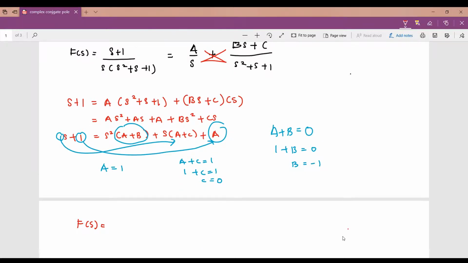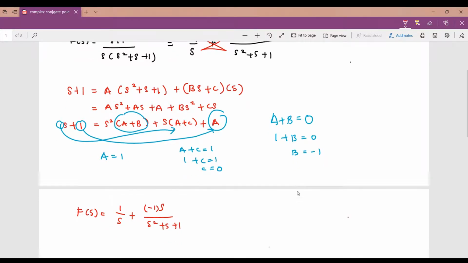Okay, from the values of A, B, and C, you can write the partial fraction: A is 1 over s, plus B is negative 1, C is 0 over s squared plus s plus 1.